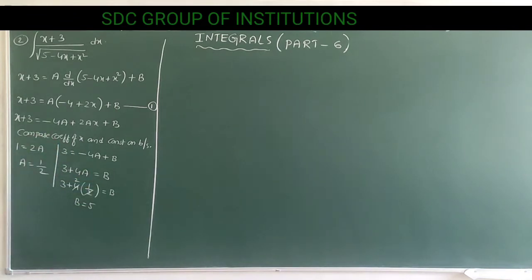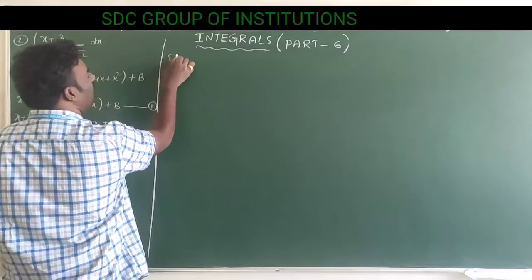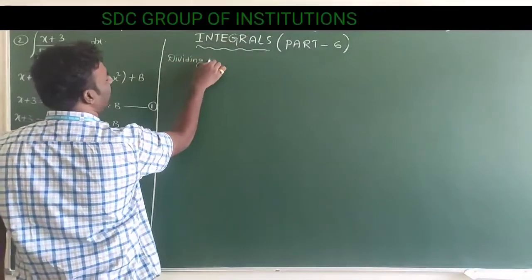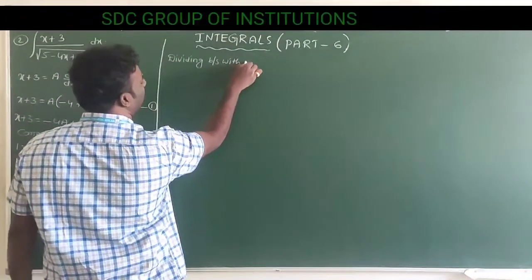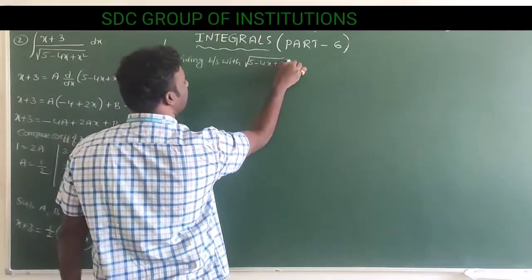So finally we got a and b. Substitute a, b in equation 1. In equation 1, x plus 3 is equal to capital A into (minus 4 plus 2x) plus b, which is nothing but 5. Next, dividing both sides with the under root of (5 minus 4x plus x square).